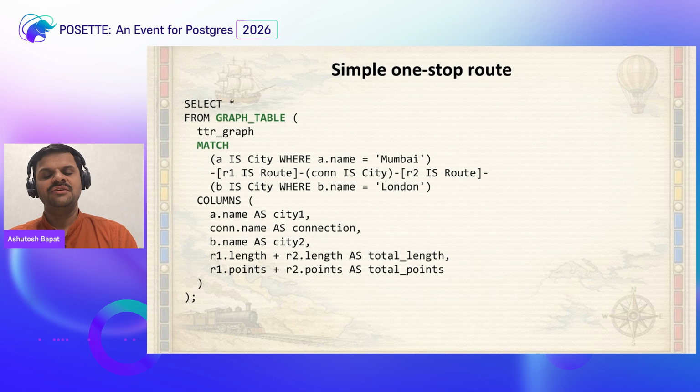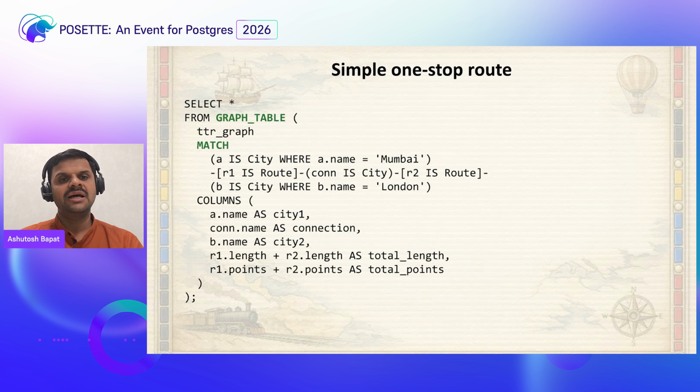Okay, let's start with our first exploration. Let's start with a simple one-stop route. What we want to do is find all the paths between two cities, Mumbai and London, which have exactly one city in between.